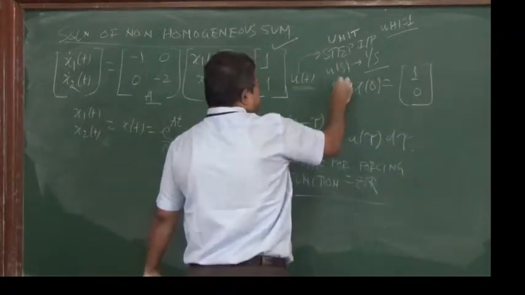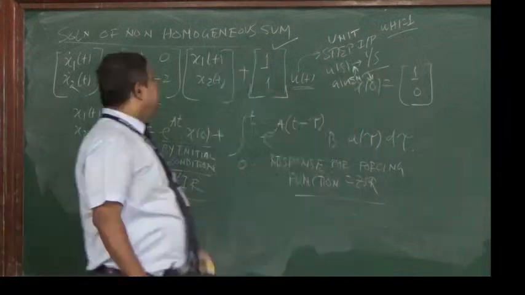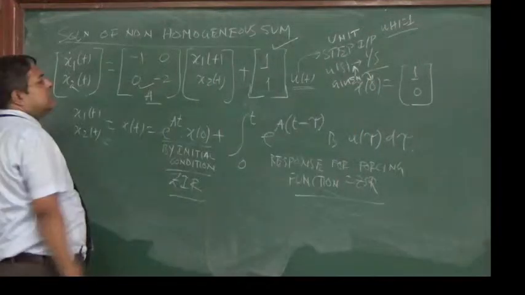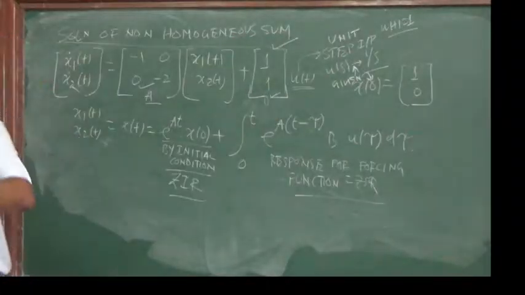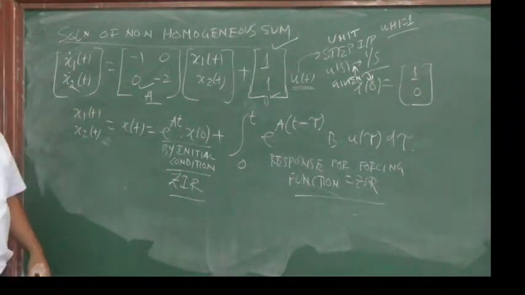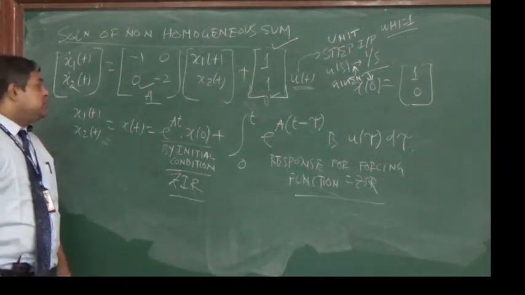These are the given conditions, and the B matrix is also given. With all this we are supposed to find the solution of this non-homogeneous system.